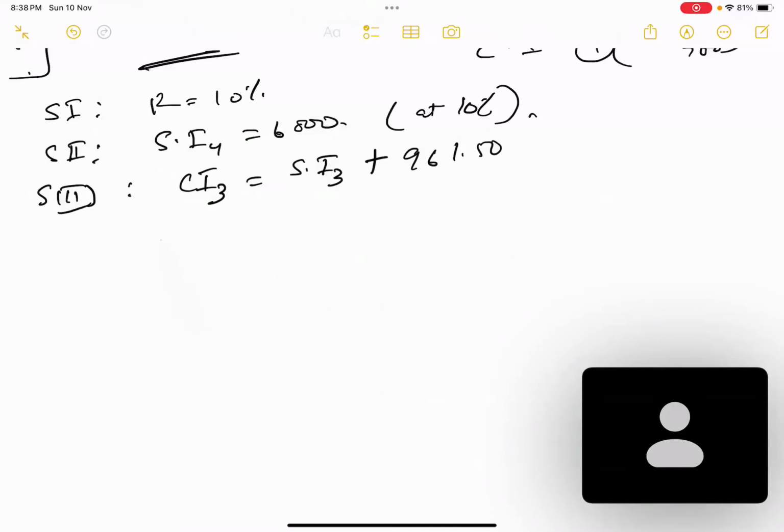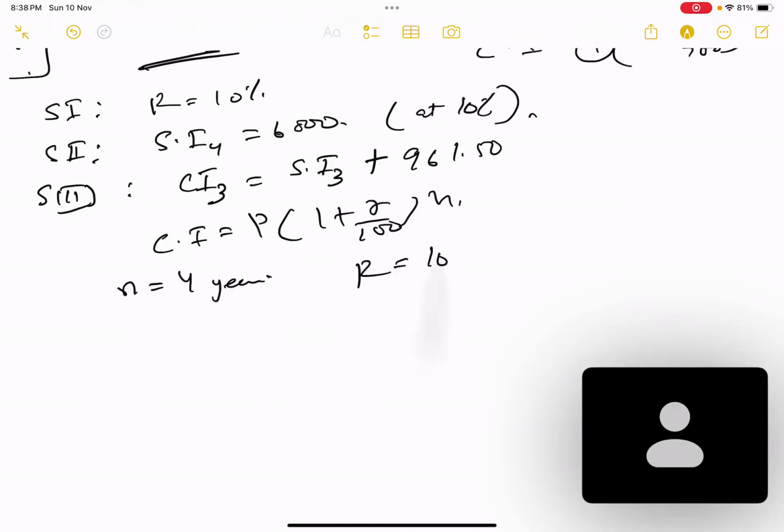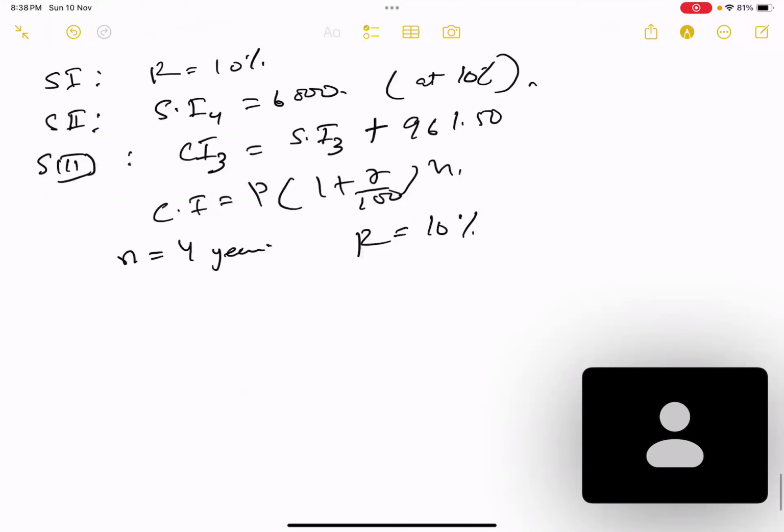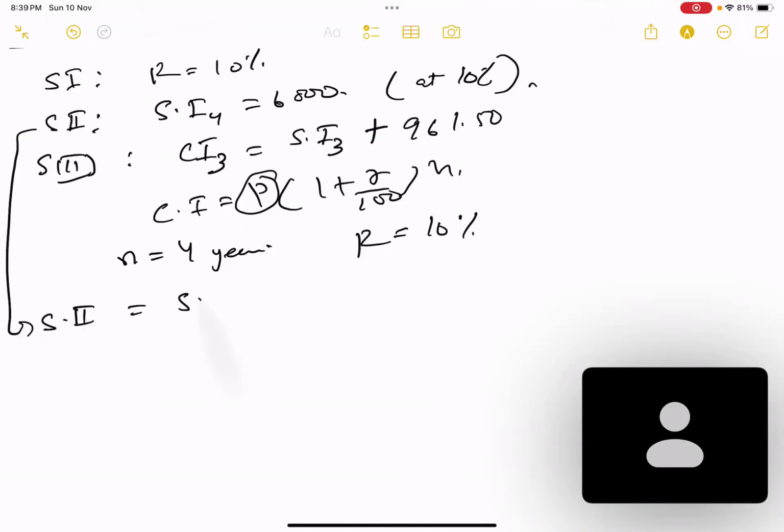Now, as we have said, compound interest is nothing but principal into 1 plus R by 100 all to the power n. The number of years we are finding for is 4 years, right? And statement 1 says that the rate of interest is already 10%. So P is the value that is missing, right? Now, if you look at statement 2, you'll see that the simple interest is 6,000.